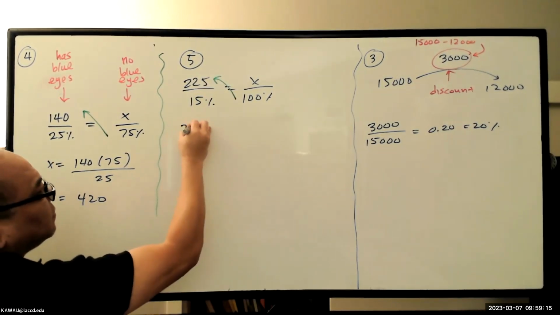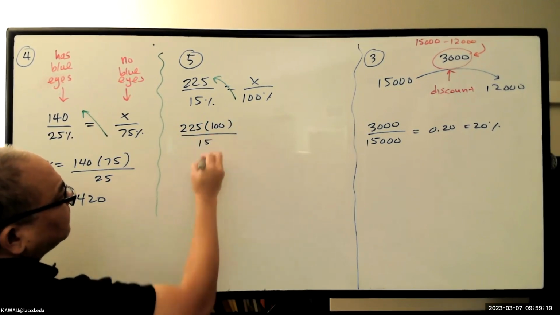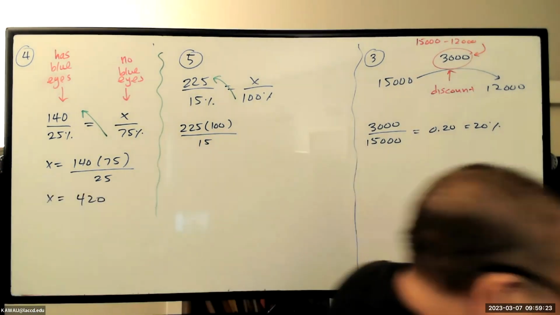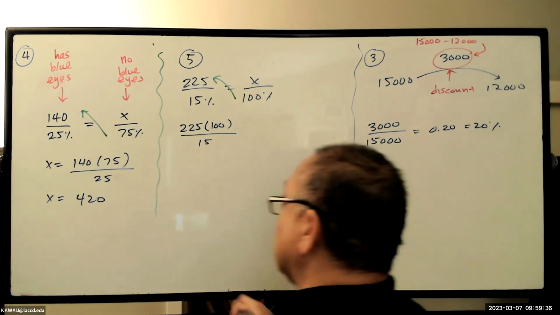So we get 225 times 100 divided by 15. And we get 1,500.